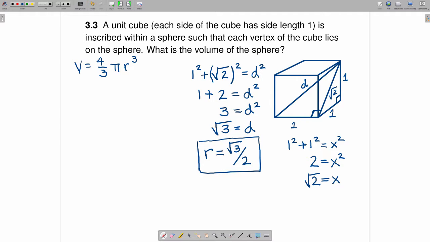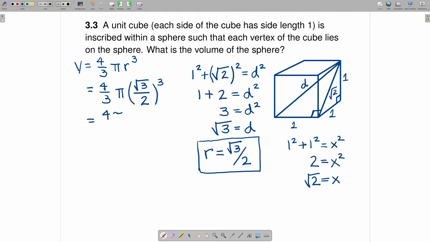Finally, to come back and answer the question, we have the radius. We're now looking for the volume. So this is the correct formula right here to plug into. And when you do so, the volume will be 4/3 pi multiplied by the square root of 3 over 2, which is the radius, cubed.